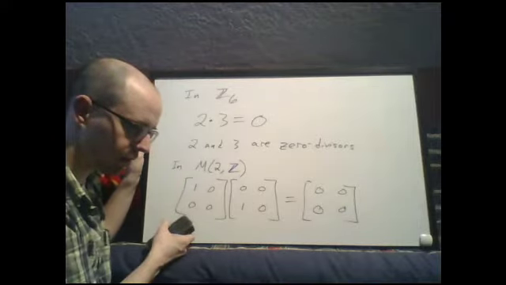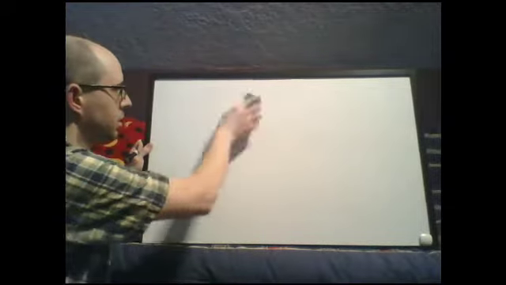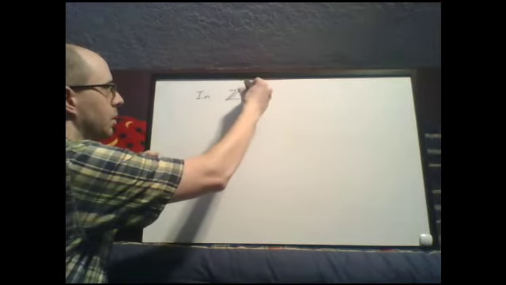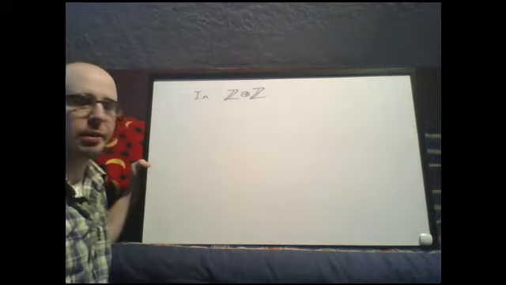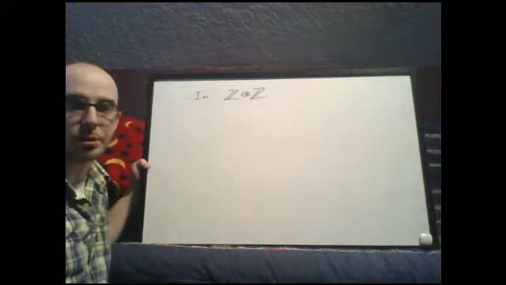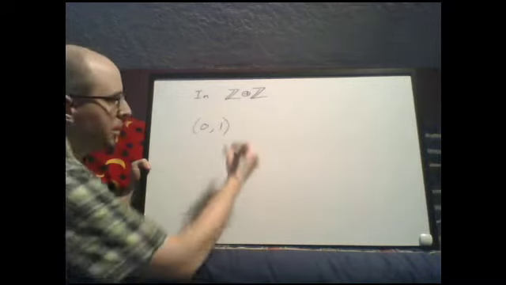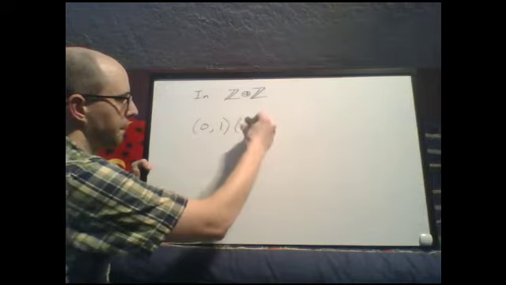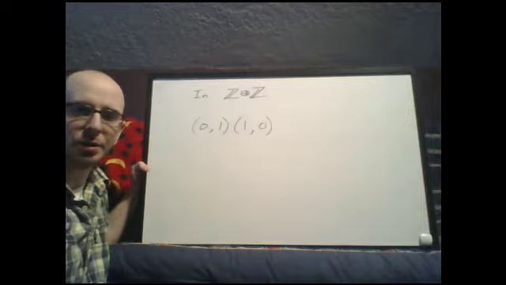Let me make one more example for now. If I have a direct sum of rings, in these cases I can always find some zero divisors by putting a 0 in one place and not the other place, and then putting a 0 in a different place in the other element.